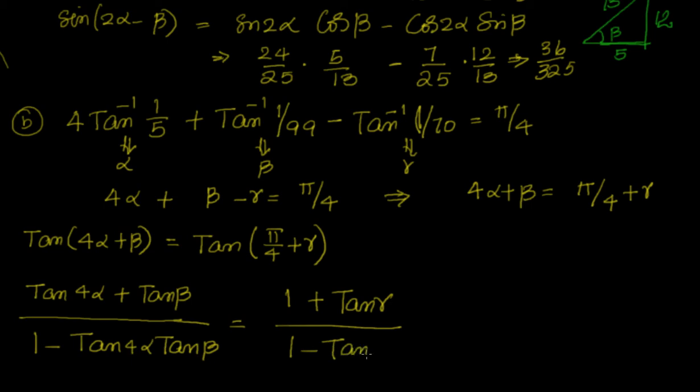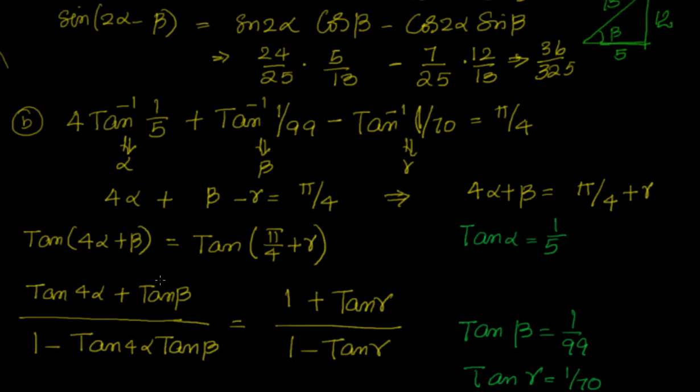Now it's a value substitution time. You know tan alpha. From here what we know? We know that tan alpha equal to 1 by 5. I leave some space, and we also know tan beta is equal to 1 by 99, and also we know tan gamma equal to 1 by 70.